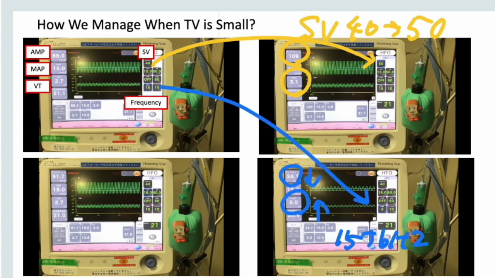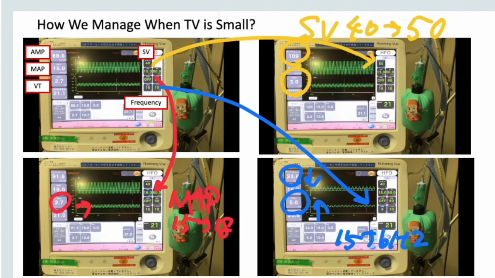A further option is to lower the frequency. For the same stroke volume, the amplitude is reduced because the piston is ejected for a longer time. By supplying pressure over time at a lower pressure, tidal volume increases. Of course, raising the MAP to increase lung compliance is also an option.